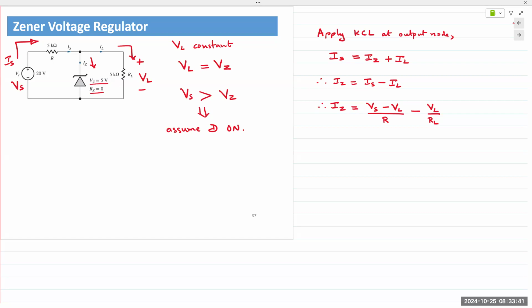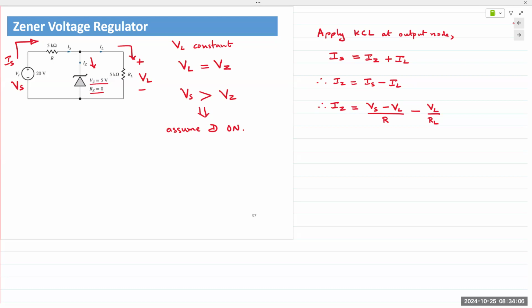So the extra current flows through the Zener diode in parallel. Because it is working in the reverse breakdown region, the increase in current does not affect the Zener voltage. And that is how all these voltage regulators work. The Zener absorbs the extra current coming from the source and maintains the output voltage constant.